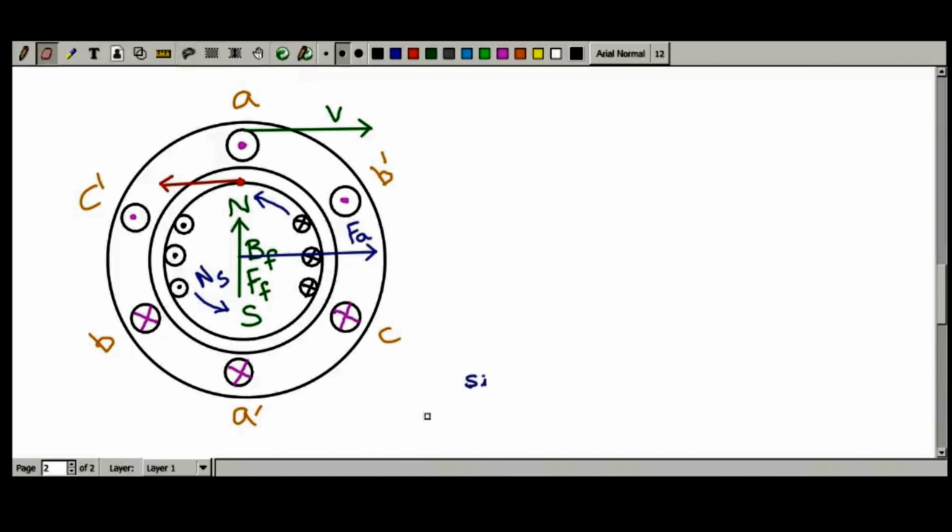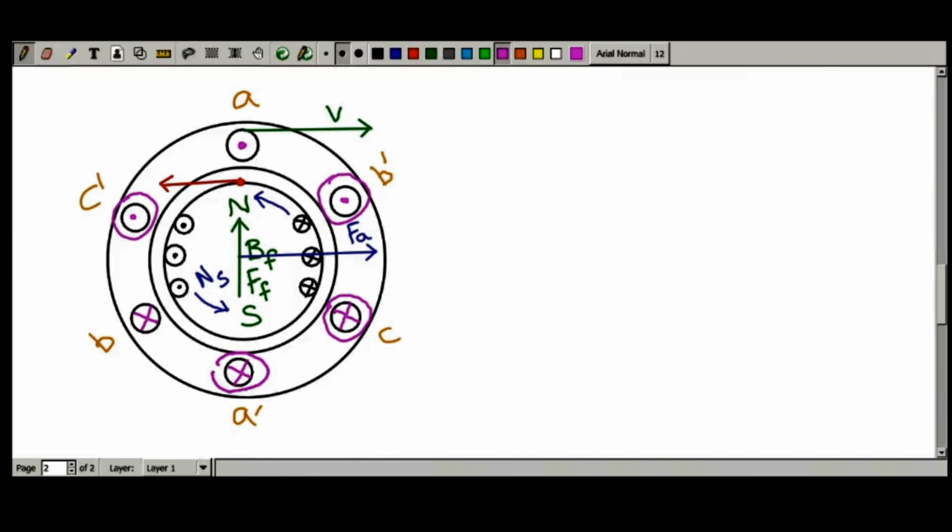So what is your leakage flux? Actually leakage flux are those flux which is only linking the armature conductors. For example, if I just indicate this leakage flux, so this can be termed as your leakage flux, this can be termed as the leakage flux. That means what do you find?